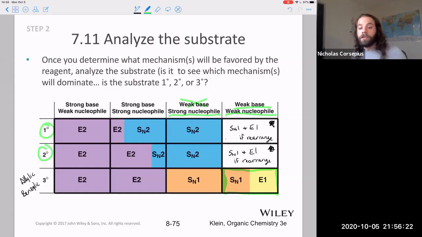If it's a weak base but a strong nucleophile, you're not going to have any elimination product, all substitution. With primary and secondary alkyl halides, that substitution mechanism is going to be SN2. With tertiary, right, tertiary alkyl halides cannot undergo SN2 because they're too sterically hindered. So instead, it's going to be SN1. But importantly, all substitution in this case.